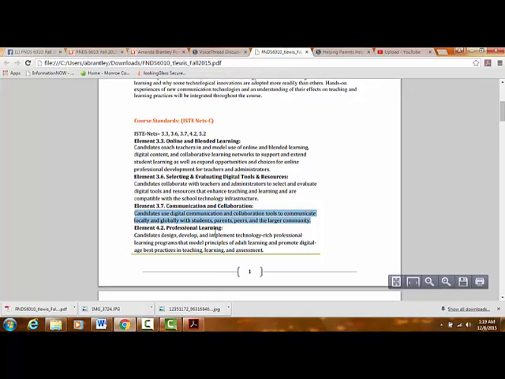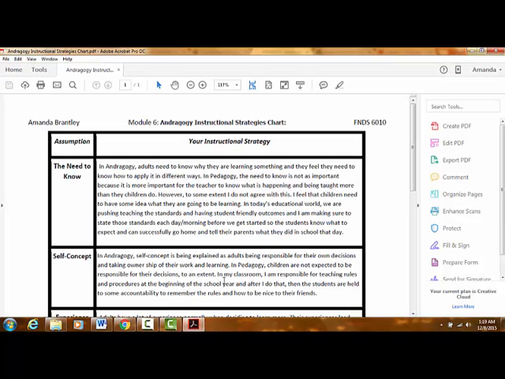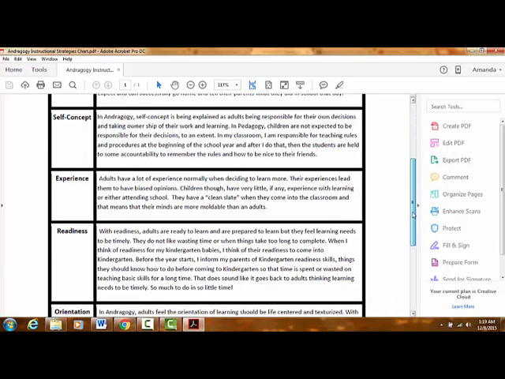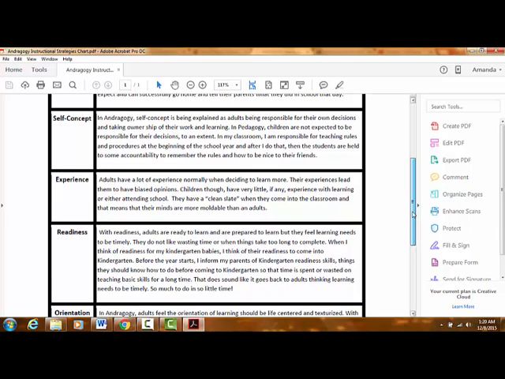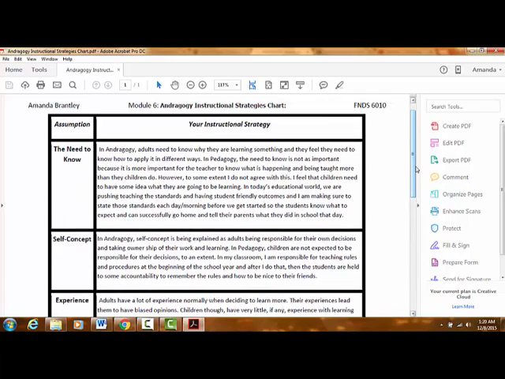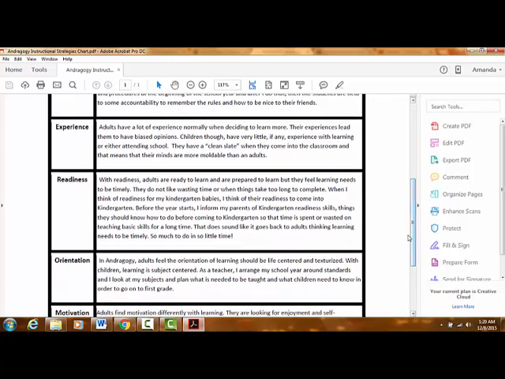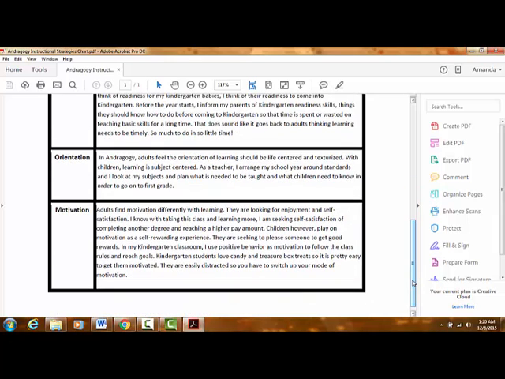We talked about andragogy, I believe is how it was pronounced, and pedagogy, and knowing the difference between those two. And I think this was a great assignment, being able to learn about what those were, and then being able to provide that in my classroom and with my parents and things like that.